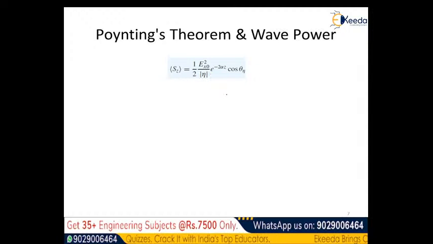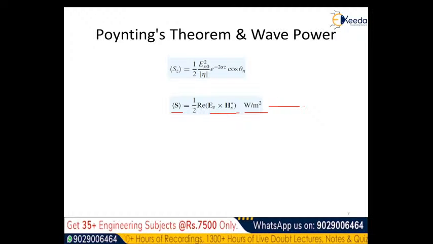The representation here we rewrite, so that we describe the time averaged power density S as equal to 1 upon 2 times the real part of the cross product of Es with the conjugate of Hs here, and this is measured in watts per meter square, as it is power density. We can give it the next equation number, equation number 25.